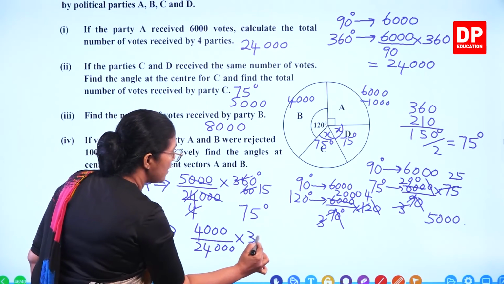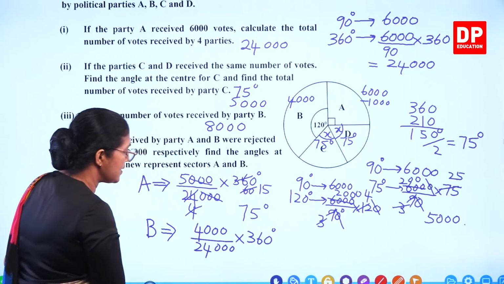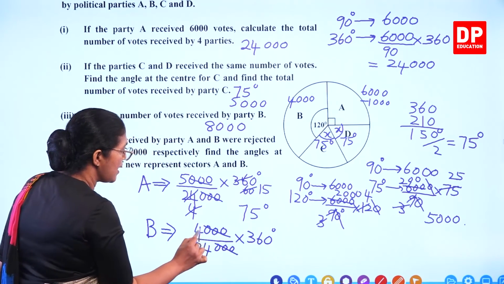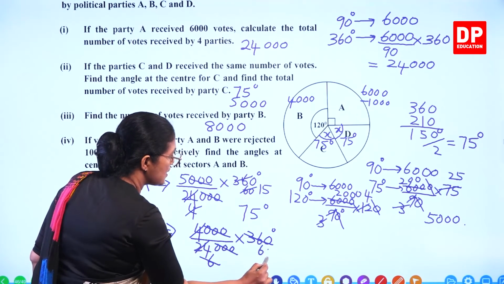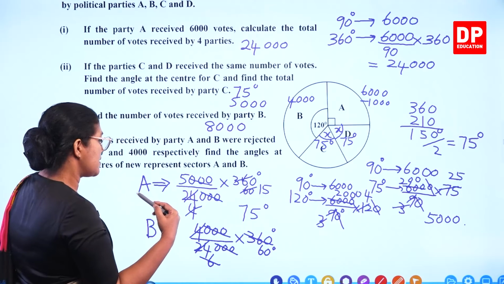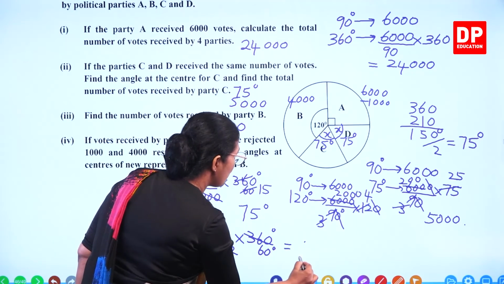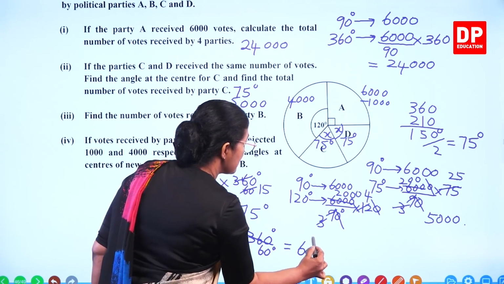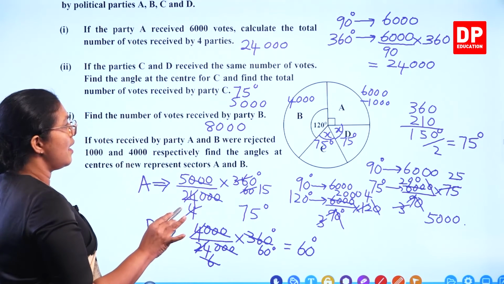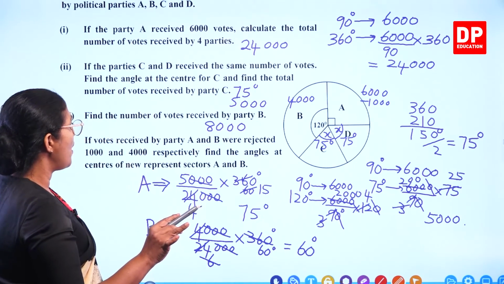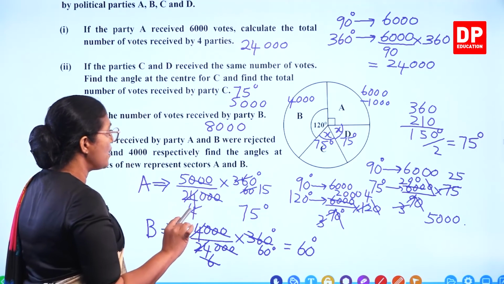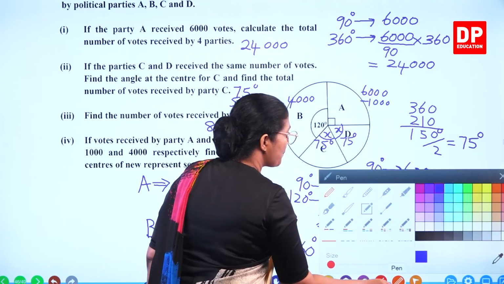And to get the angle, we multiply by 360. 3 zeros get cancelled out. 4 times 6, 6 times 60. 360. So now the new angle for B is 60 degrees. Earlier 120 becomes 60 degrees. Earlier for party A 90 degrees becomes 75.